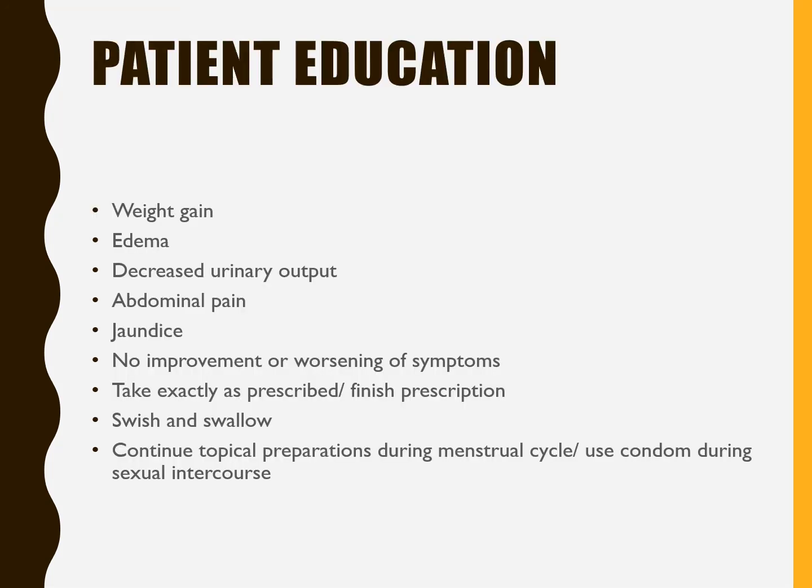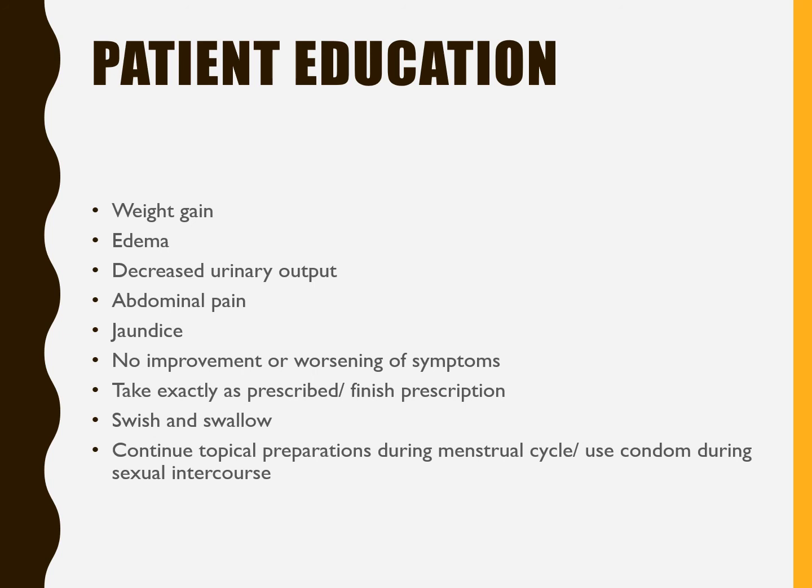Okay, so some patient education that would go along with a lot of these last medications, your antifungals, your anti-malarial, or your TB drugs. They need to be reporting any weight gain, edema, or decreased urinary output. That would signal that we've got some renal dysfunction going on, right? They might experience some abdominal pain.